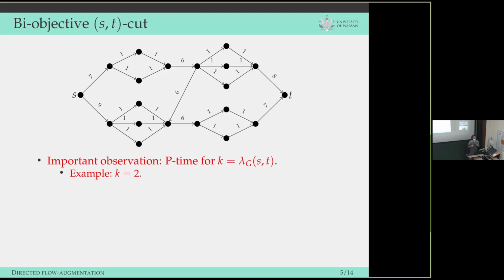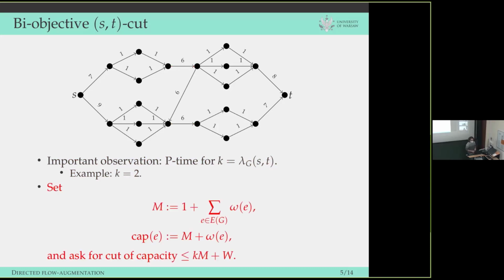Okay, so if k equals this lambda, you cannot have a cut of smaller cardinality. So you're really asking for a minimum weight cut among the minimum cardinality cuts. In this picture there will be 2, the 2 edges in the middle, they have minimum weight. Then you can gadget it out, namely you put on every edge the capacity a lot plus a tiny fraction depending on the weight of this edge.